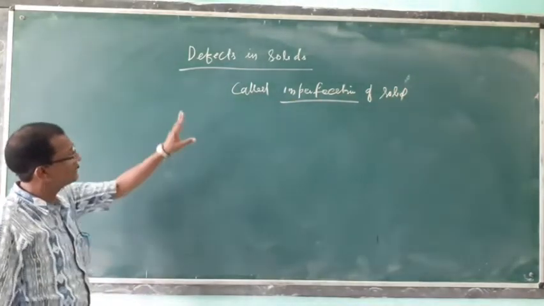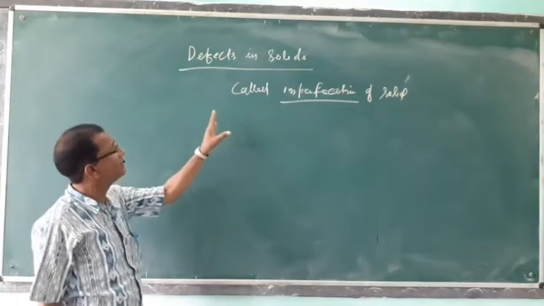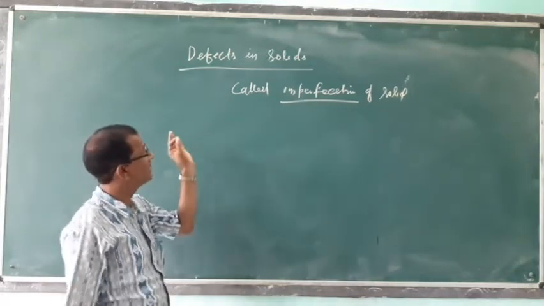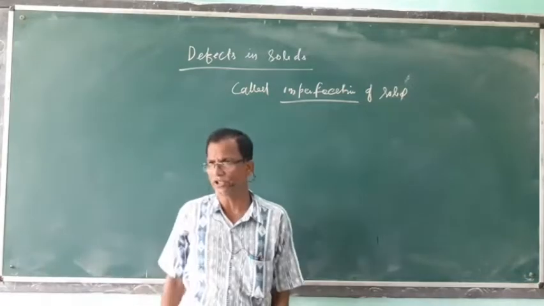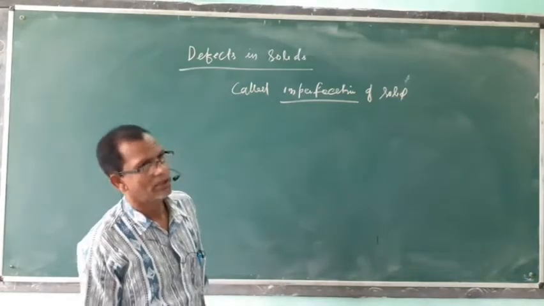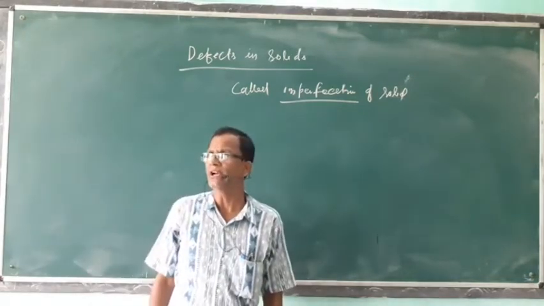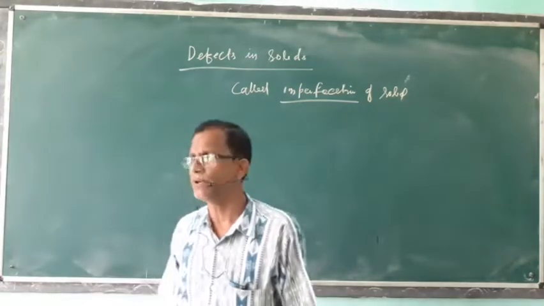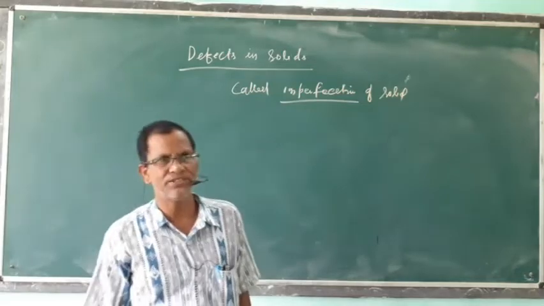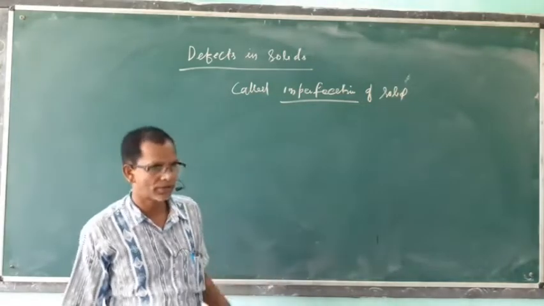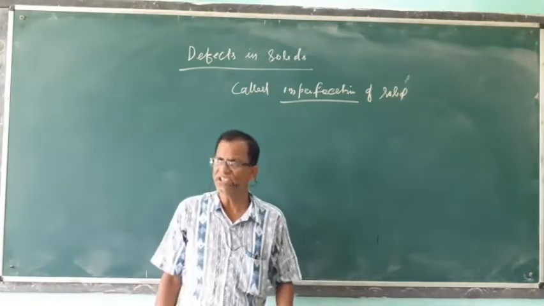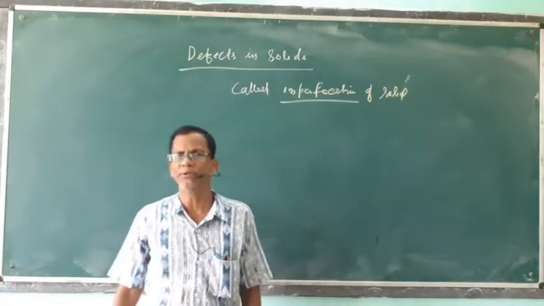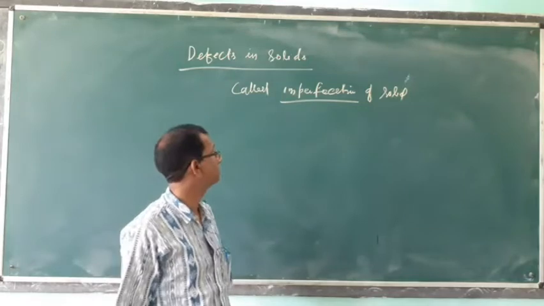So this irregularity is called defects. When defects arise in solids, solids show different characteristics, different physical behavior, change in conductivity, change in melting point, boiling point, like this. So many physical behavior changes.